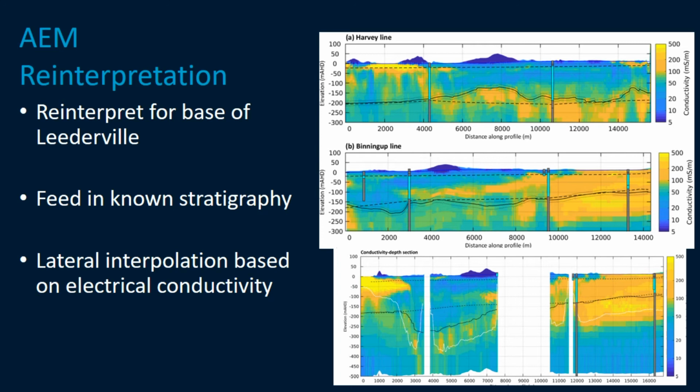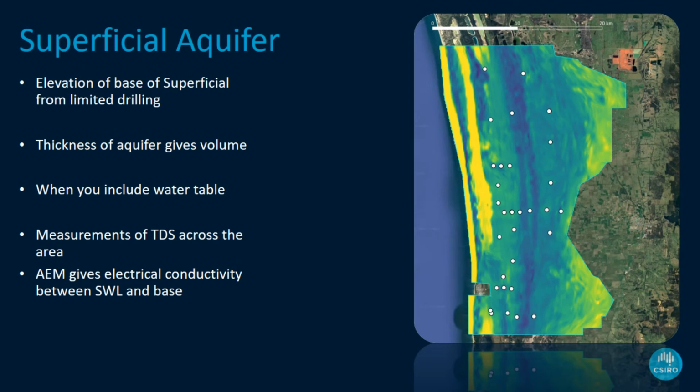And I didn't think at first that this was really real because I have no borehole evidence to prove it, either to prove it or otherwise. However, if you look at the nearby lines, north and south, something like this continues on, and it continues on and strengthens in its connectivity, and then it comes back up to surface. So that's the sort of analysis that I did for that.